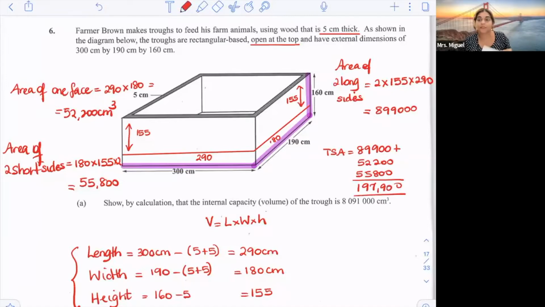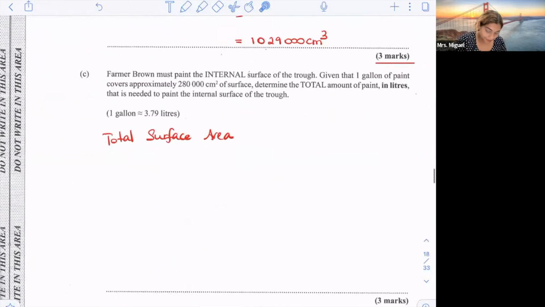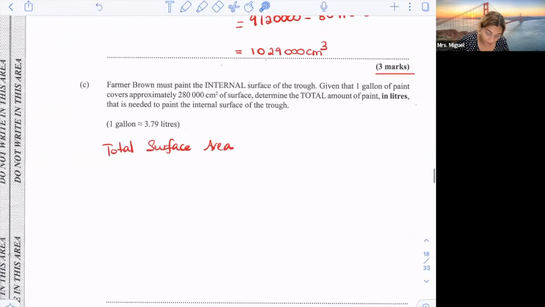So that is the total surface that Farmer Brown wants to cover. So we want to know how much paint is needed. So this is the area that he wants to paint. 197,900 cm squared.